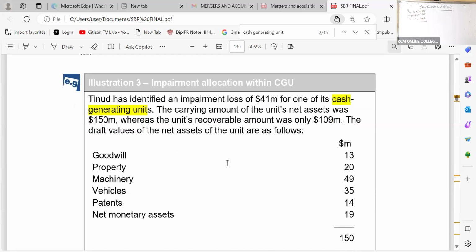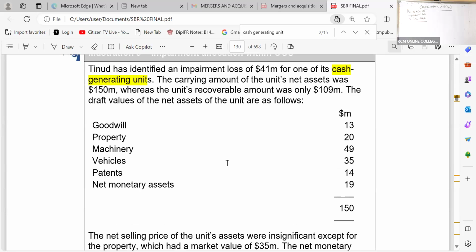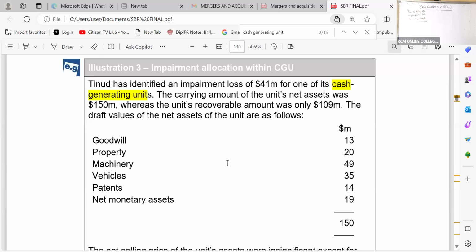I love this question. Great. Let's read this question. And you guys, all of you, of course, you have this book, isn't it? You have this SBR book. Because I don't want you to be writing all the notes. This book is a savior.